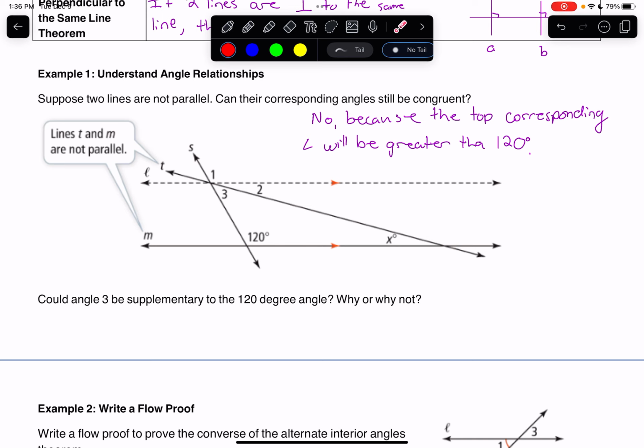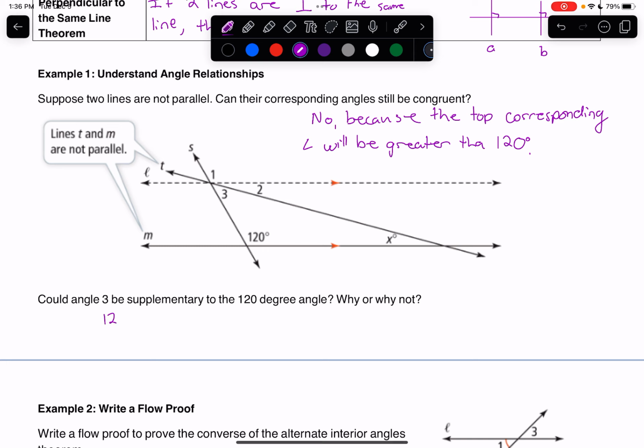But the problem is that 120 and angle 3, they're part of a triangle. And one thing we know about triangles is that triangles have an interior angle measure of 180 degrees. So let's write this out.